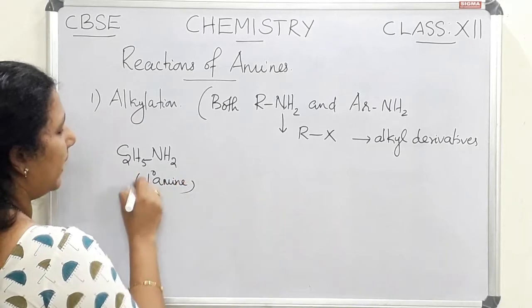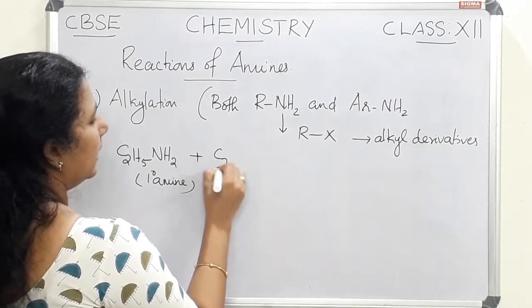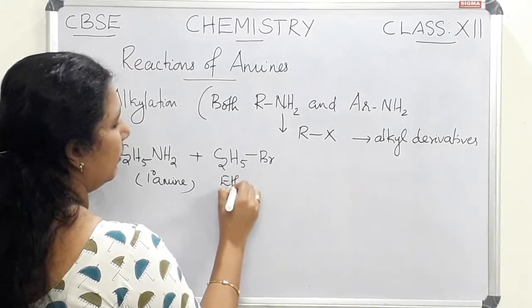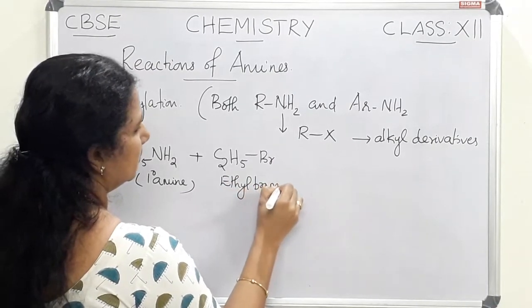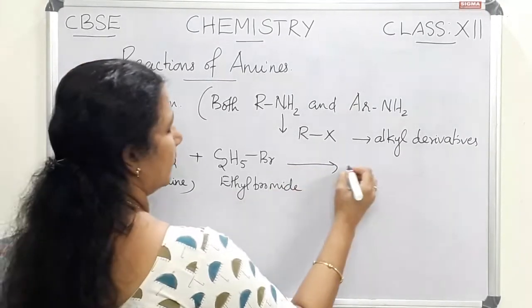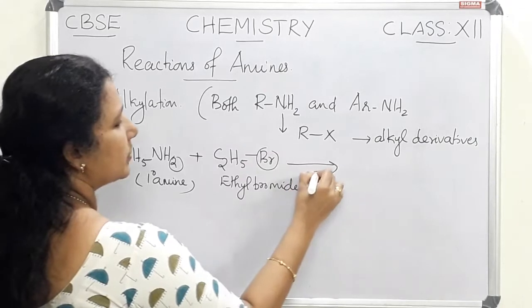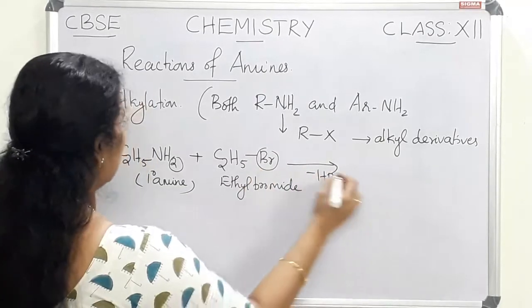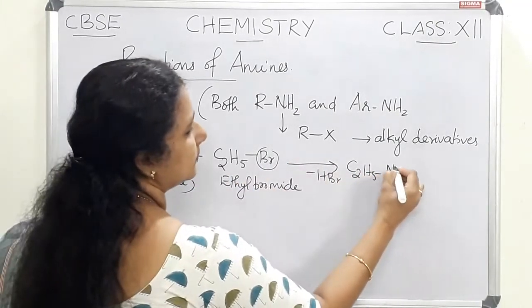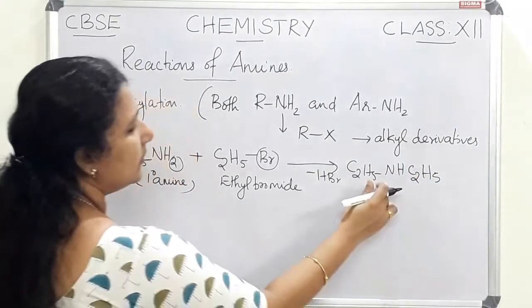If this reacts with an alkyl halide C2H5Br, ethyl bromide, it reacts together to produce an alkyl derivative where HBr will be eliminated and the first product will be C2H5NHC2H5. So this is the first product.